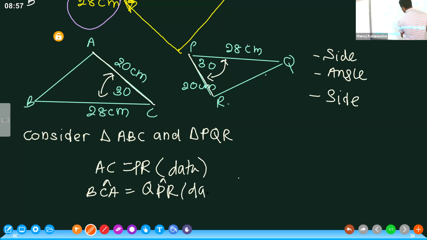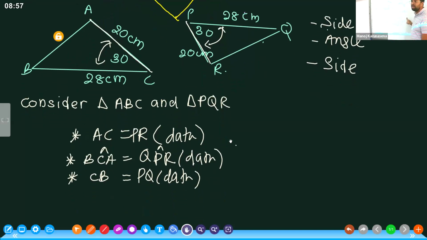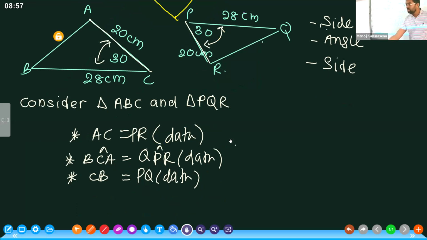Data. That is also given as data. Last one, CB, equals PQ. Again, data. We have only proven how many elements are equal? 3 elements of one triangle equal 3 elements of the other triangle. But from the practical, we know the two triangles are congruent.